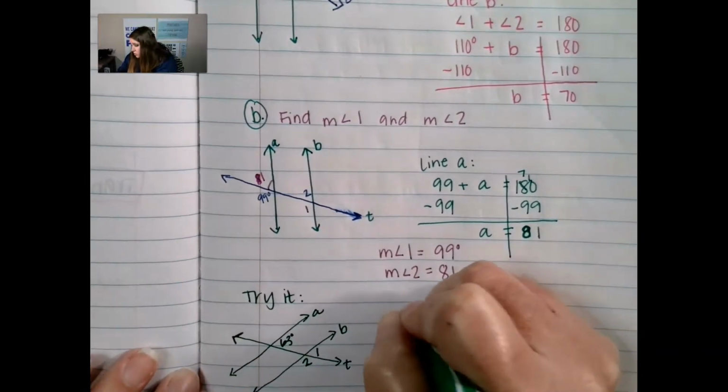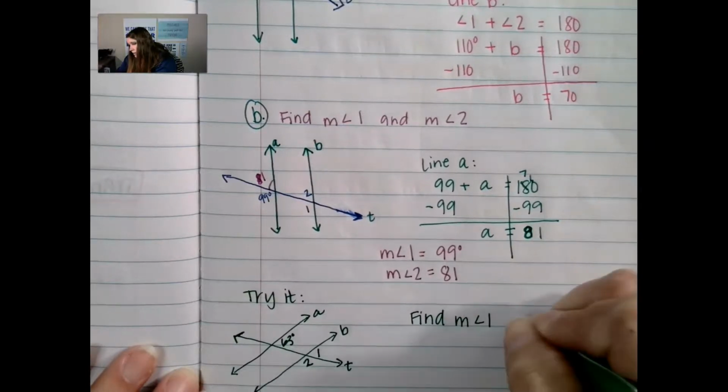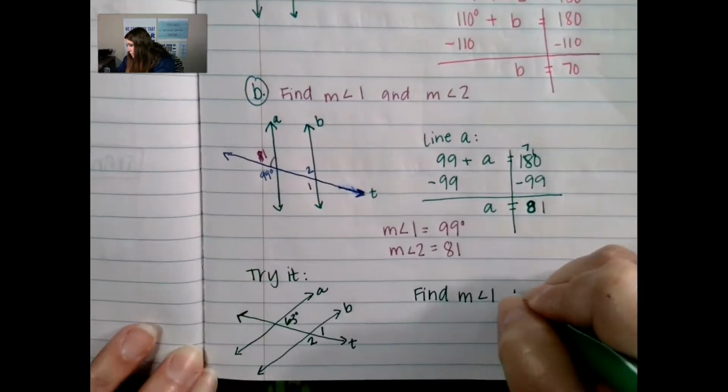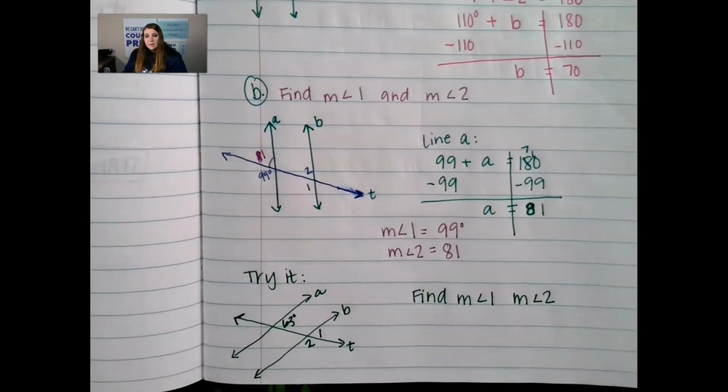So they want you to find the measure of angle 1 and the measure of angle 2. All right, go ahead and hit pause right now so that you don't hear me explaining this. And then when you are ready, you may hit play again. All right, here we go.